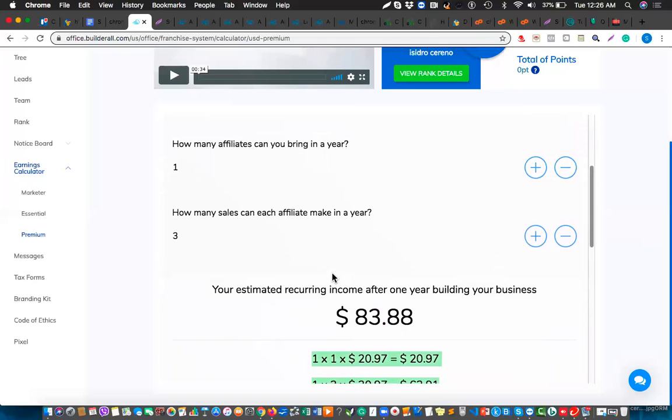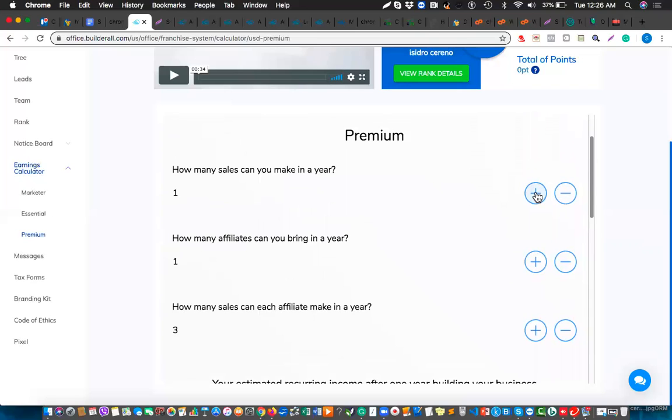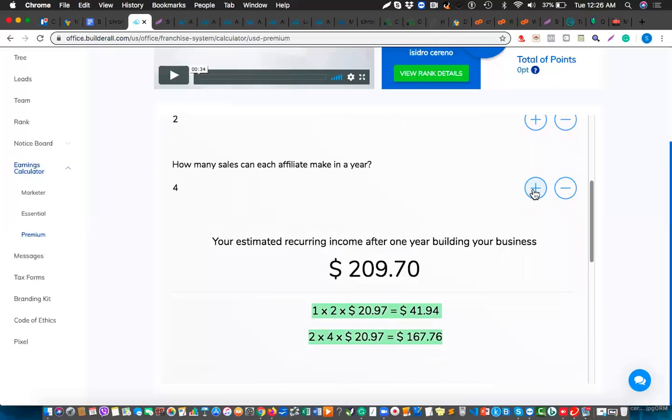And then when you share his results, you will get more direct sales. Then you just have to make a second sale the next month, only one sale next month, and then help that person make three sales in that month. Your recurring income will rise to $293 a month. Make sense? And Builderall would be free for you.